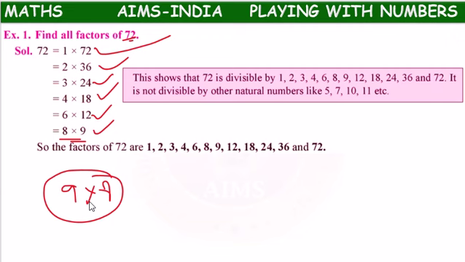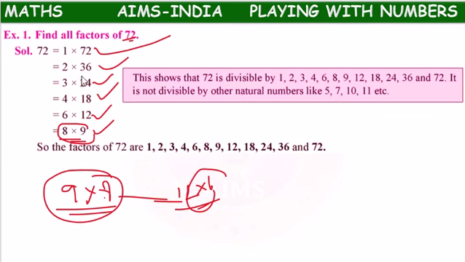After this, if we try to write the factors, all will be repeated in reverse order, because 9 into 8 repeats 8 into 9. 12 into 6 we can write, but it is already there as 6 into 12. So when we get a repeated product, from then onwards there is no need to write the other factors.